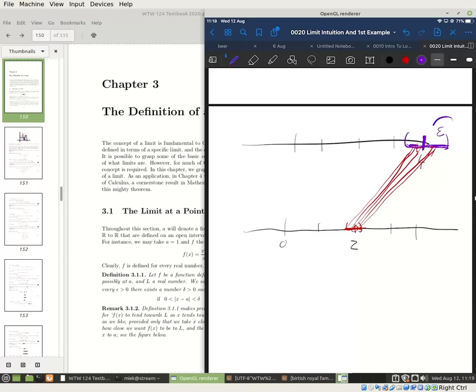So given an epsilon, find a delta, so that if you look at all points within a delta distance of 2, then the distance of the function value to 4 has to be less than epsilon. Okay.